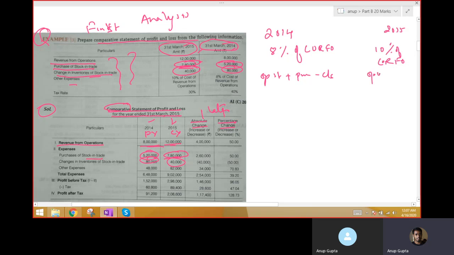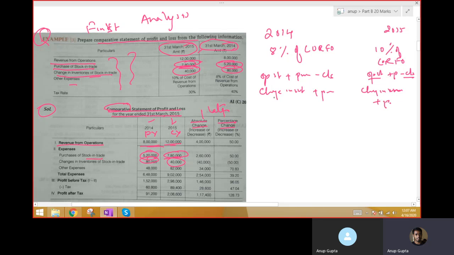Same here. Opening stock minus closing stock can also be called changes in inventory plus purchase.